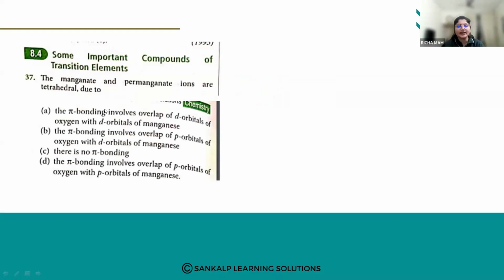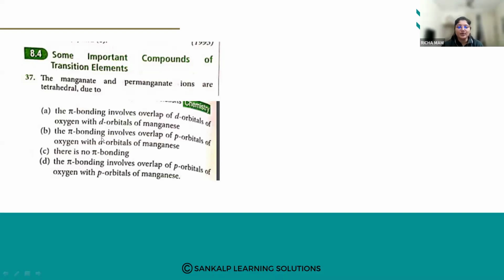The manganate and permanganate ions are tetrahedral due to what? These are questions from important compounds. A, the pi bonding involves overlap of d orbitals of oxygen with d orbitals of manganese.